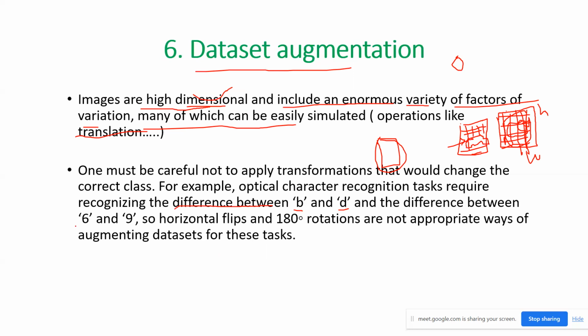Similarly, in handwritten recognition, a 6 in some direction, when we apply data augmentation, may be converted to a 9, and a wrong prediction will happen. That is character recognition and also handwritten recognition.